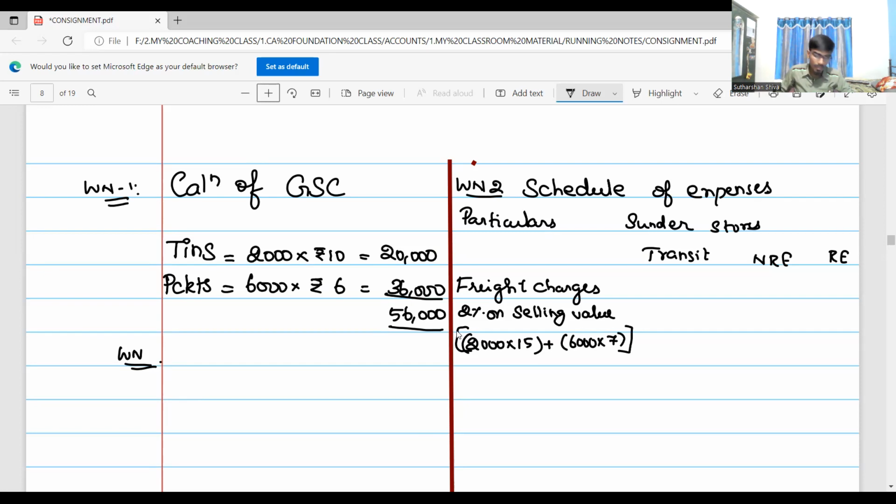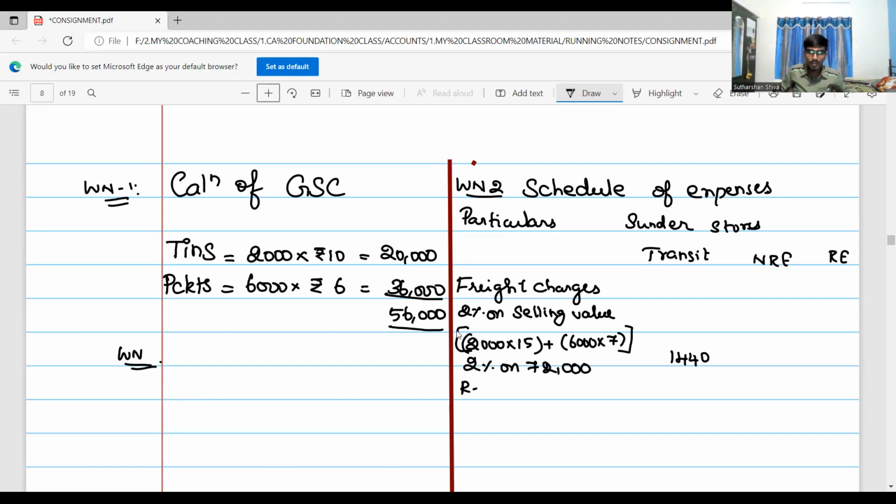If you add, you can keep on adding: 2,000 into 15 is 30,000, 6,000 into 7 is 42,000. Total, you will get 72,000. 2% on 72,000, 72,000 into 2%, you will get your answer 1,440. 1,440 is in transit.